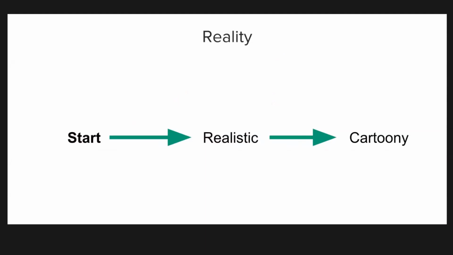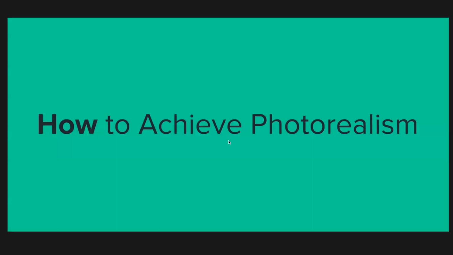You can't just make the eyes bigger and that's all. There are a lot of details you have to know. And if you don't know photorealism, you have to go through photorealism anyway. So yeah, photorealism is the most important goal for every CGI artist. So let's move on to how to actually achieve photorealism.